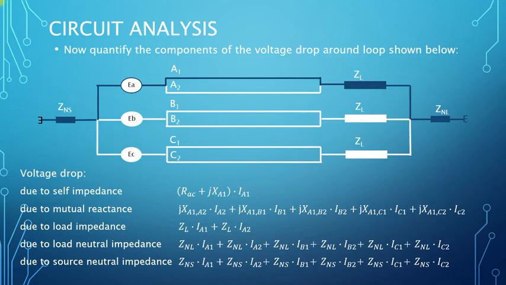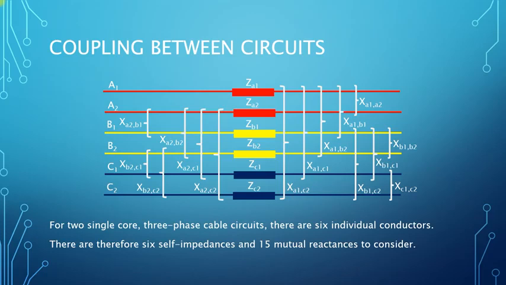In actual fact, because we have two parallel three-phase circuits, we arrive at a system where we have to consider 6 self-impedances, that is the self-impedance of each conductor, and there are a total of 15 mutual reactances that need to be considered.